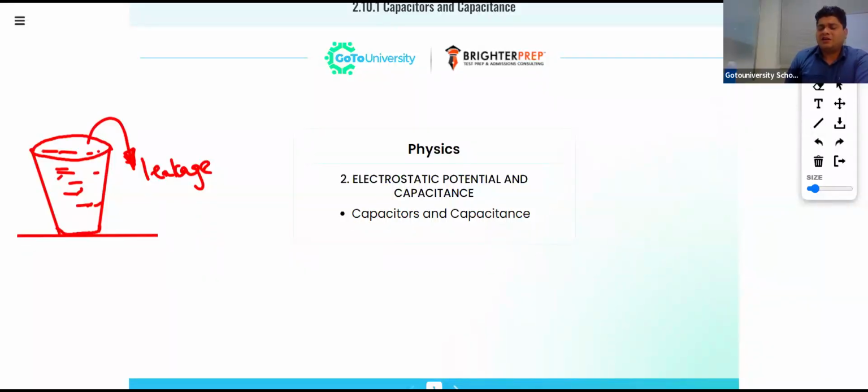So how can we come to know that it can be filled up to this point only? For that, on the capacitor you will easily get a notation in terms of microfarad, like 6 microfarad, 8 microfarad, 10 microfarad, 20 microfarad, and so on.